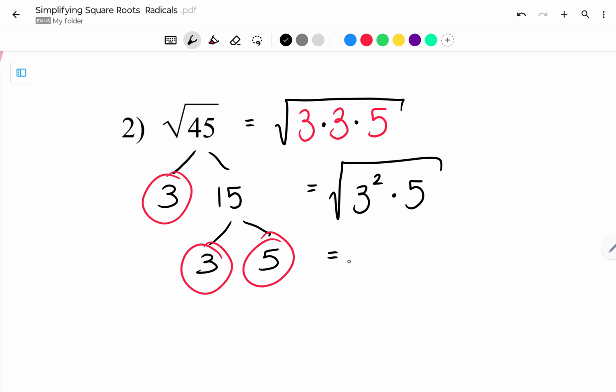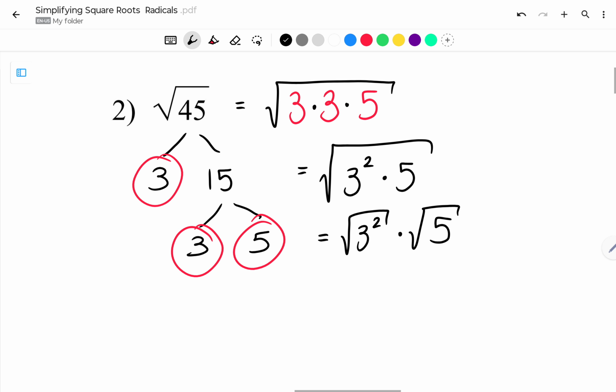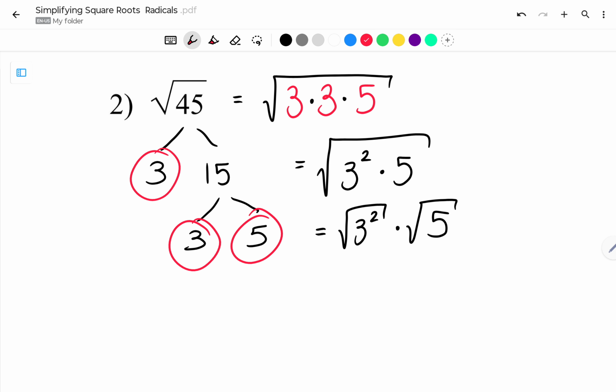Whatever numbers you're multiplying under the same square root, you can split them up like this, right? And then remember, square root and square are opposites of each other, so they just cancel out, and you get 3 square root of 5. Okay, 3 square root of 5.